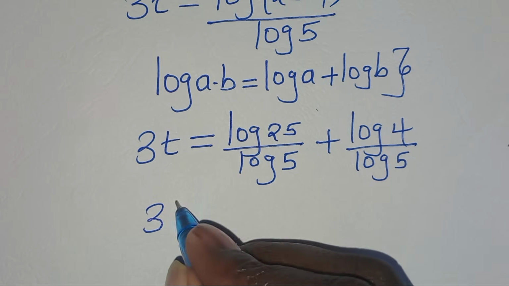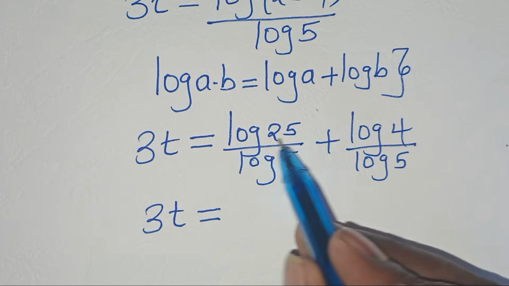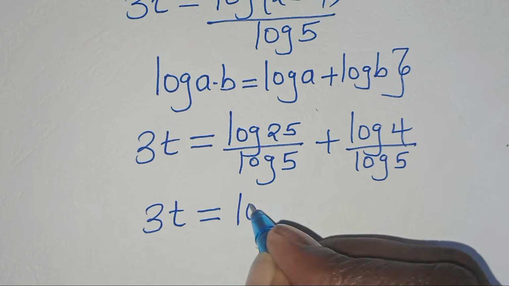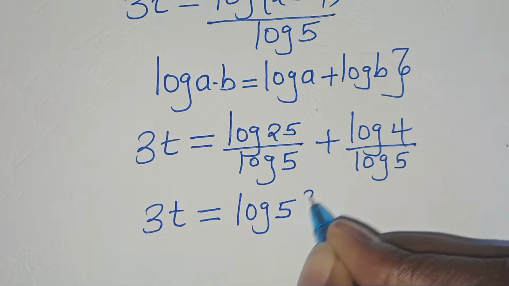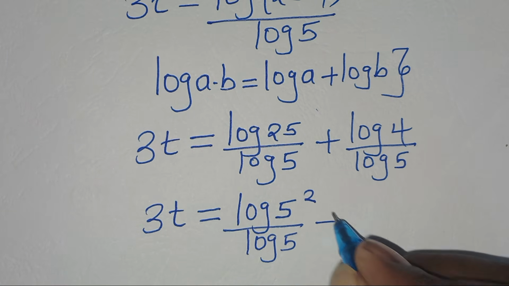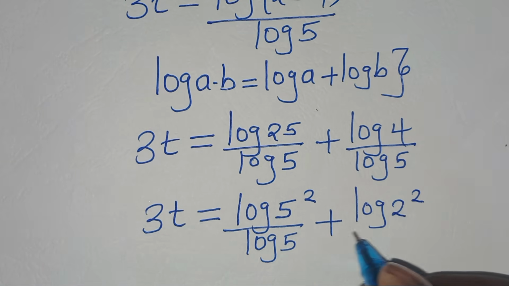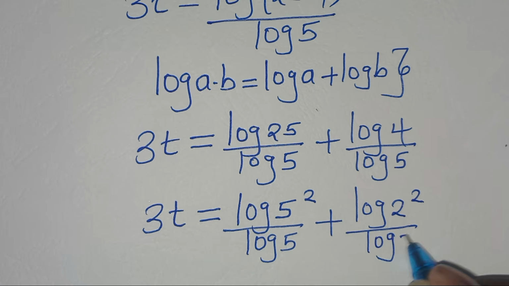So here we have 3t. This is equal to, we can express log 25 as log 5 to the power of 2 divided by log 5, then plus log 4, which is log 2 raised to the power of 2, then divided by log 5.